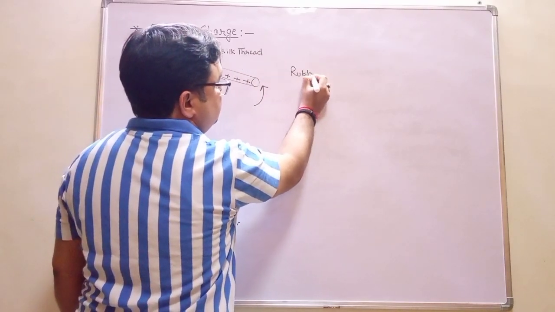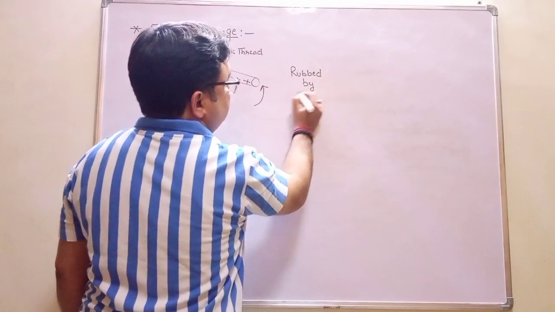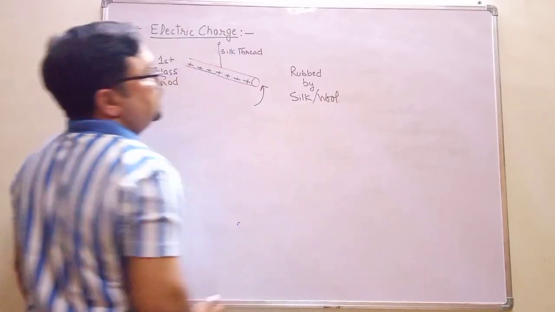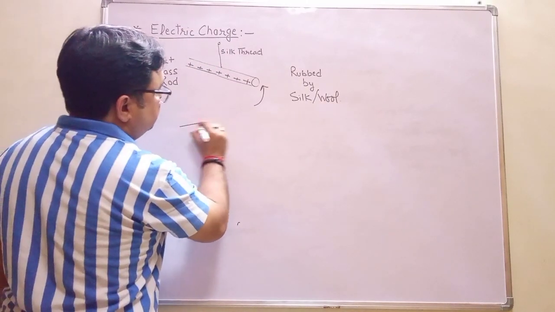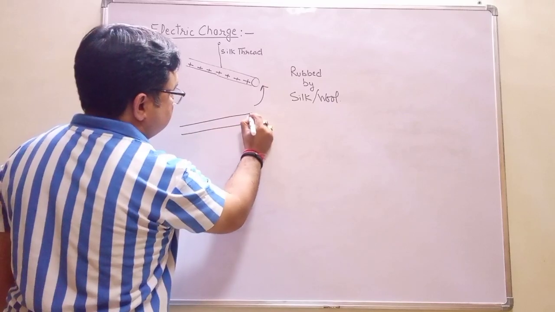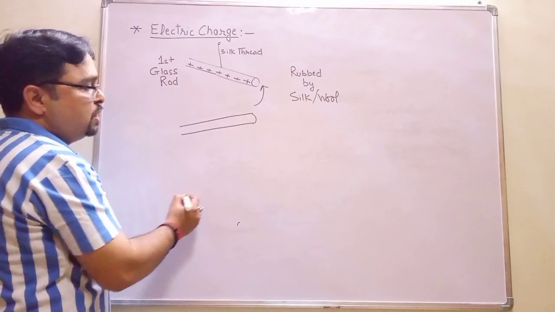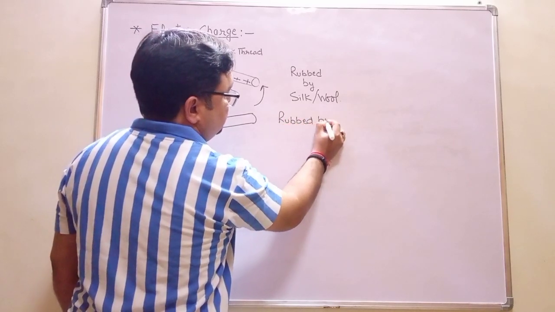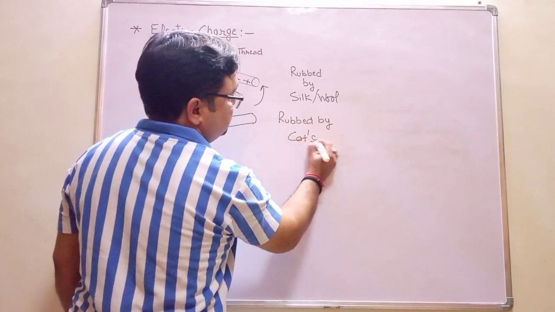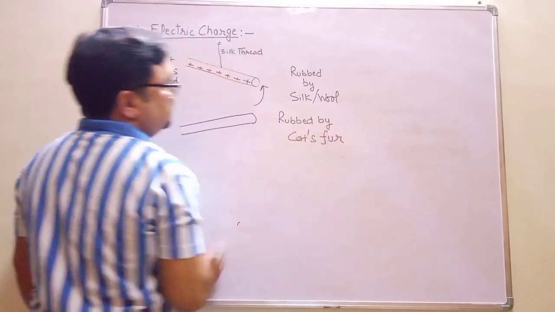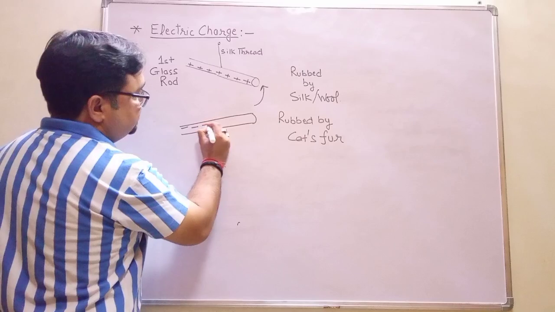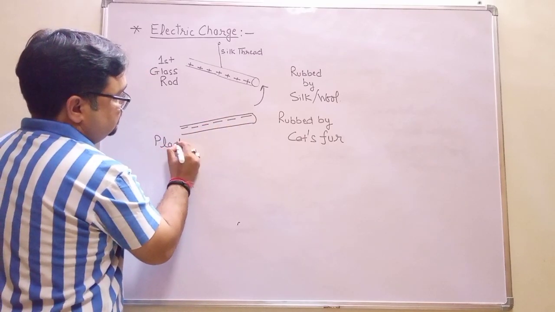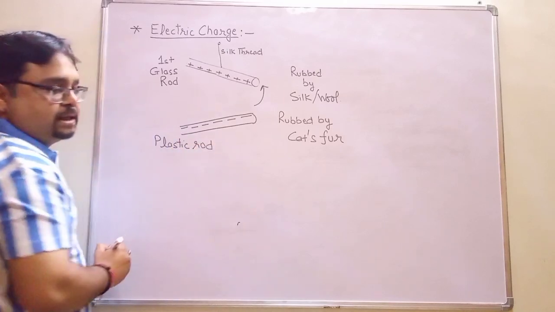And if we bring one plastic rod which is rubbed by cat's fur, obviously the surface of this plastic rod will be negatively charged.